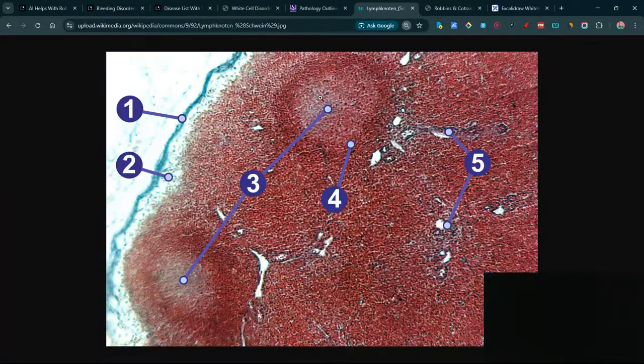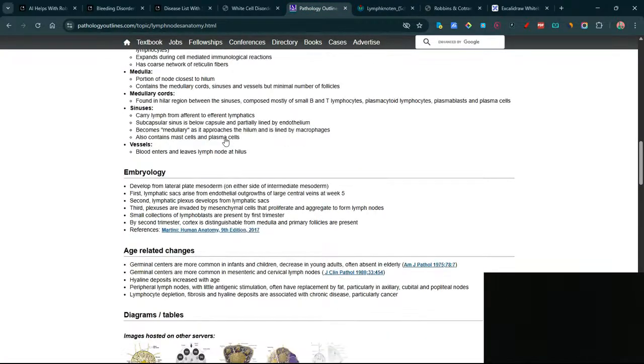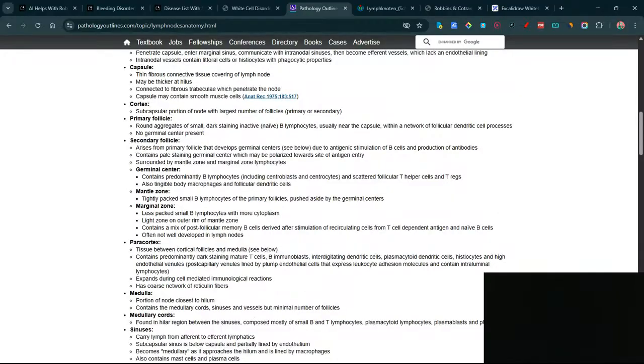All right. One without a germinal center is called the primary follicle, and it gives rise to the secondary follicle, but one with a germinal center is a secondary follicle. And what holds the B lymphocytes? That's actually the cortex.